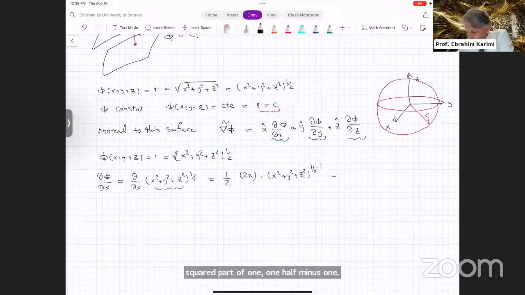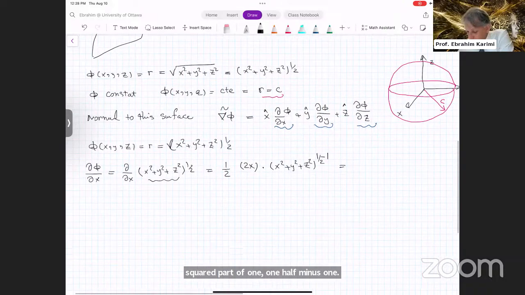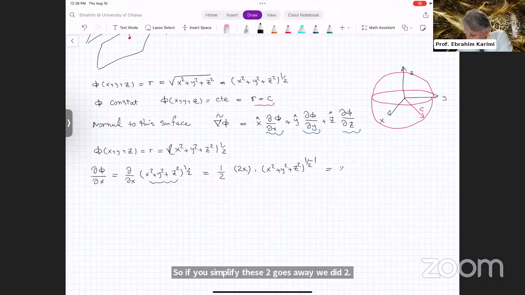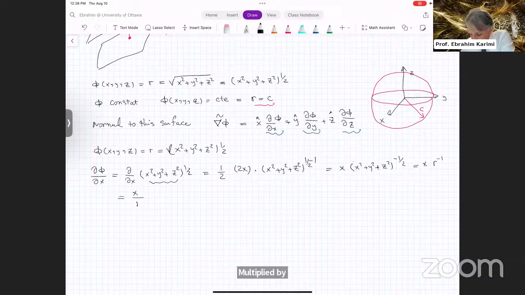If you simplify this, the 2 goes away with the 2, and you get x multiplied by (x squared plus y squared plus z squared) to the power of minus 1/2, which is x multiplied by r to the power of minus 1, which is x divided by r.